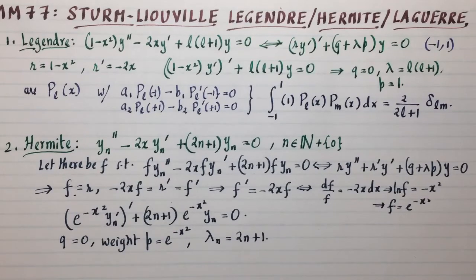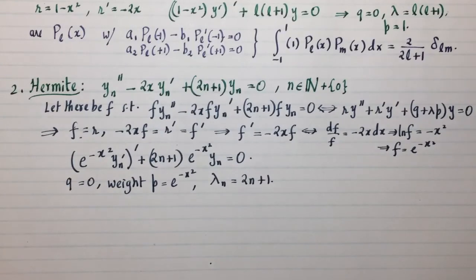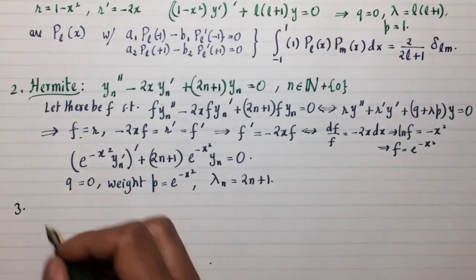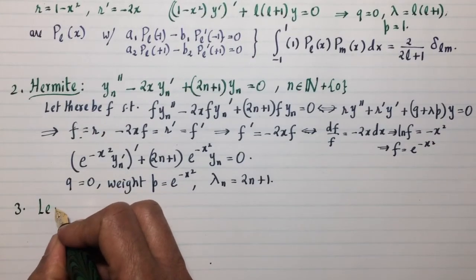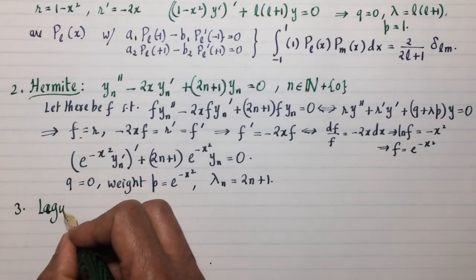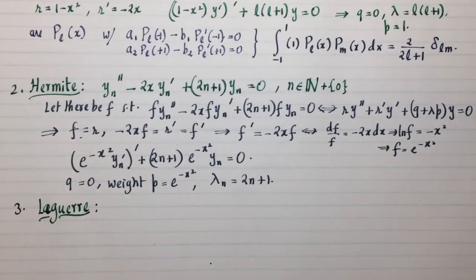Now the last example I have is a very famous differential equation known as the Laguerre differential equation. Laguerre shows up in the radial problem of the hydrogen atom.